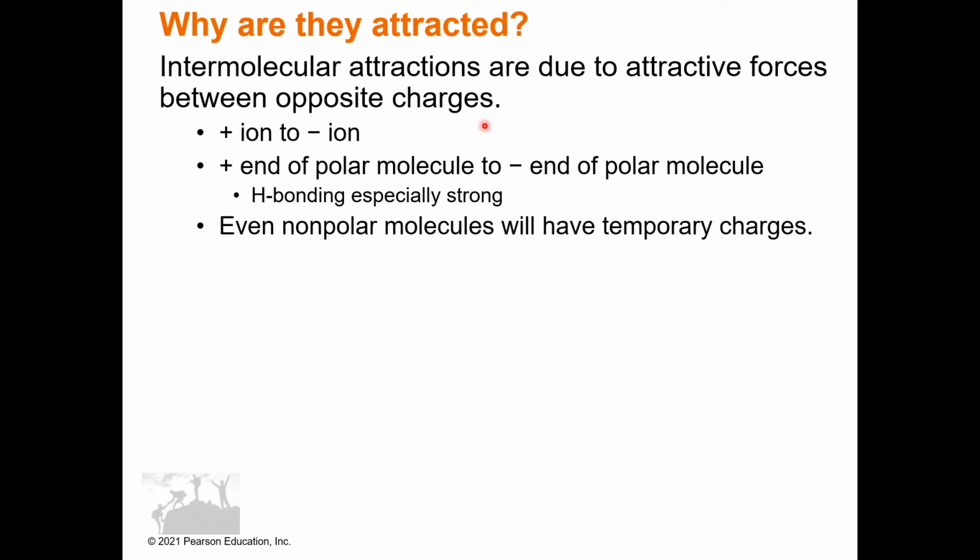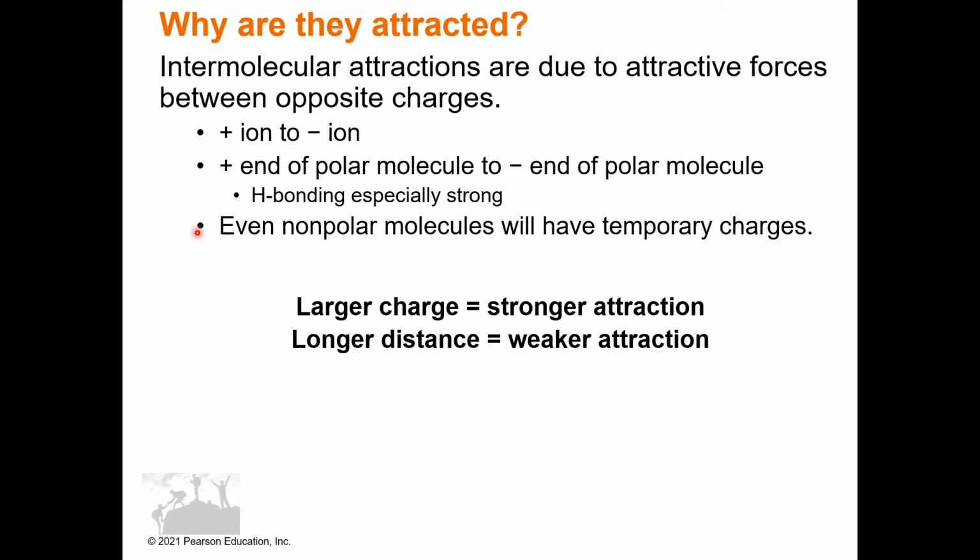The positive end of one molecule is going to be attracted to the negative end of a different molecule. And then even going further, if we take a look at nonpolar molecules, at some point they can have charges, but they're only temporary. So there are three types of interactions that we're going to be looking at here.